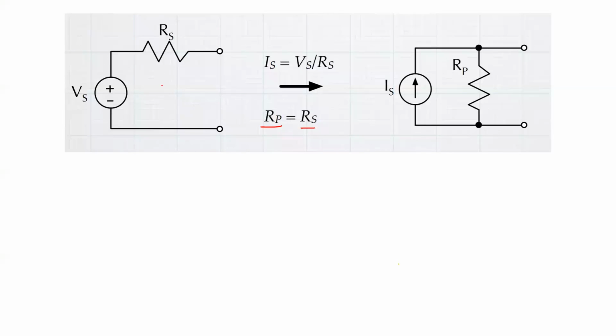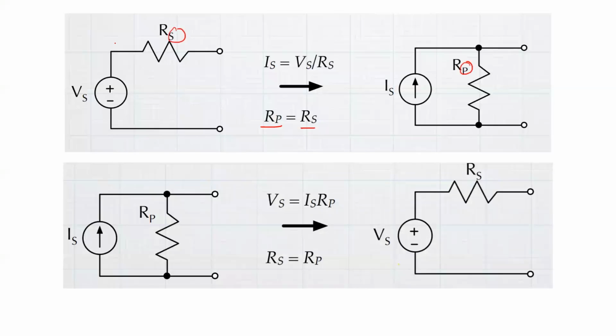Usually, we say that a voltage source exhibits internal resistance which is connected in series. A current source exhibits internal resistance which is always connected in parallel. That's why we have used P and S here, but they are one and the same. Vice versa, a current source in parallel with a resistance can be converted into a voltage source in series with the resistance.